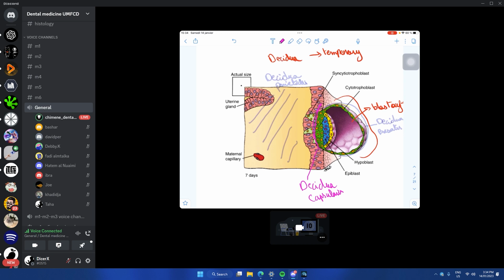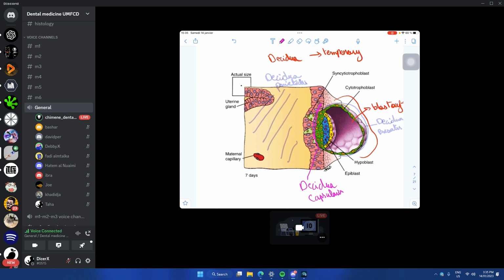So let's talk about the blastocyst first of all. Here you are in the first week of intrauterine life, the implantation. The blastocyst will implant into the endometrial wall. You have to tell this to your professor.